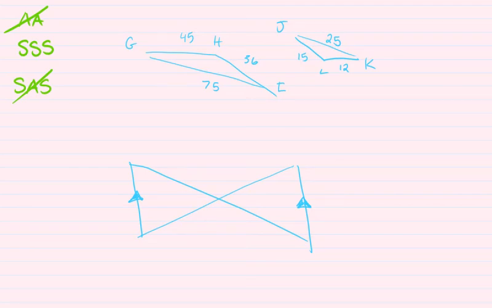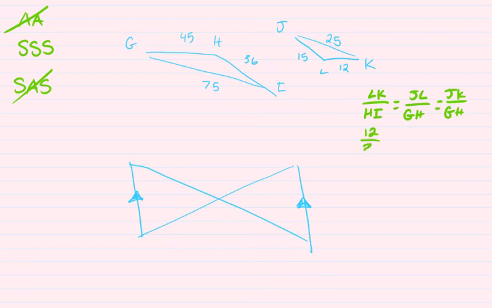So I'm kind of looking at the numbers and I see a 36 and a 12 maybe. So maybe I want to do LK over HI. If I do that, then I want to do JL over GH. And if I do that one, I want to do JK over GI. And I want to see if this works out.